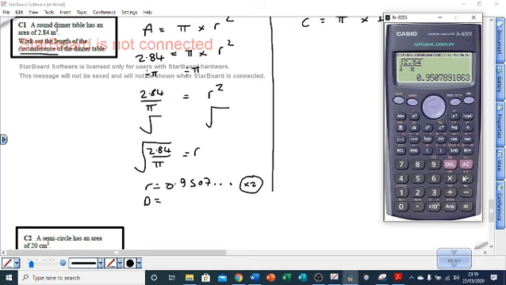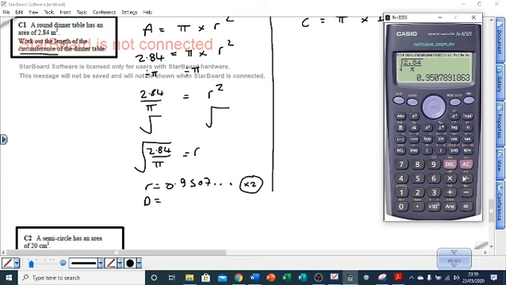So we've got a semicircle, which we're looking at here. So I've got the area has been given. This area just here. Well, we know that area is equal to 180 degrees over 360. It is a half of a full circle.